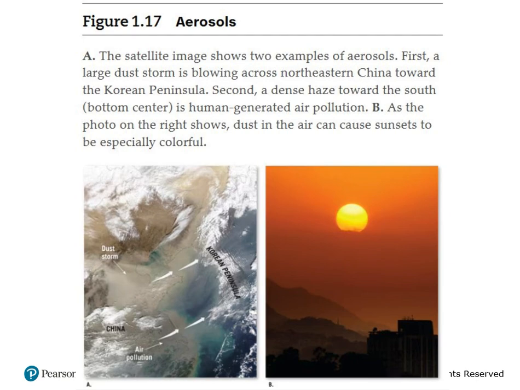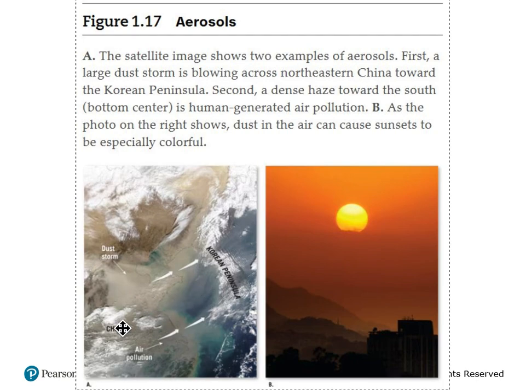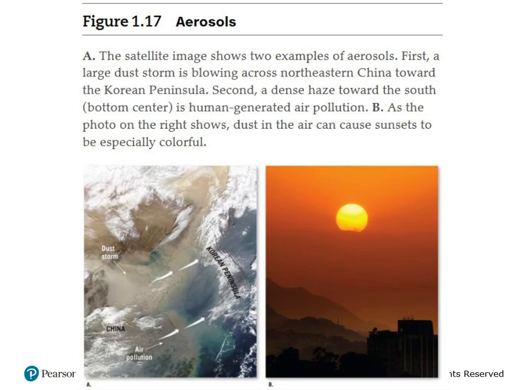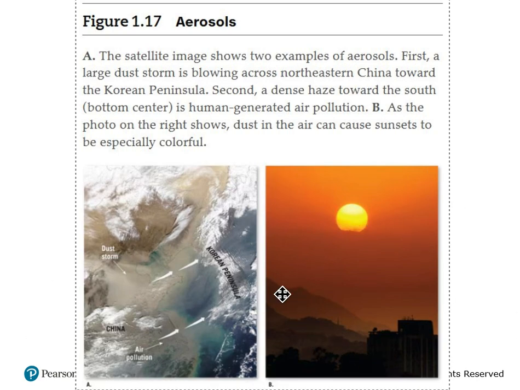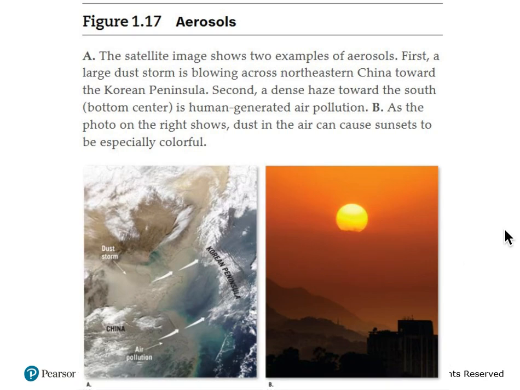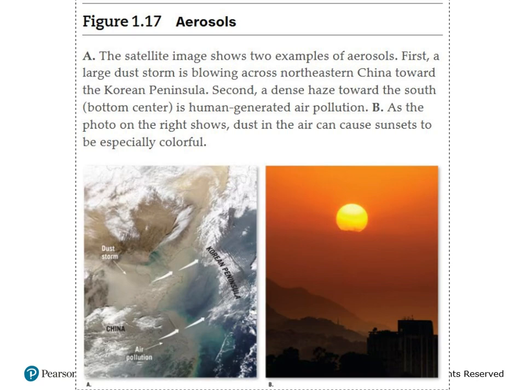First, a large dust storm is blowing across northeastern China towards the Korean peninsula. And you can see the direction. It's coming from the west towards the Korean peninsula, seen through the satellite imagery. And then we can see that dust can provide beautiful sunsets. So dust in the air can cause sunsets to be especially colorful.